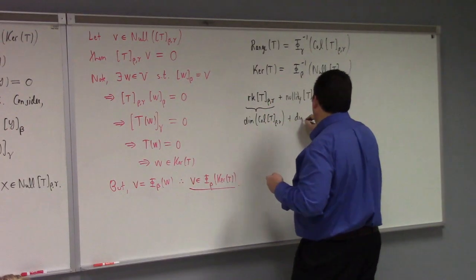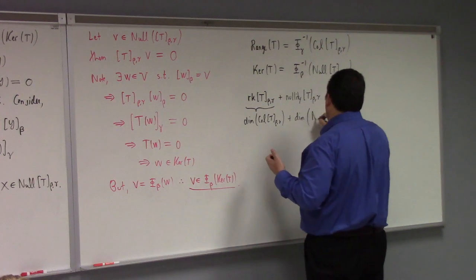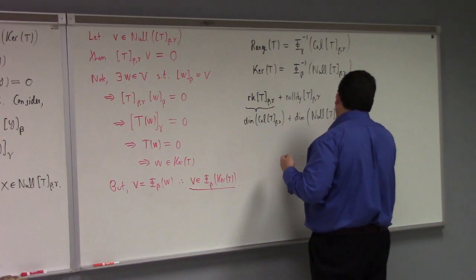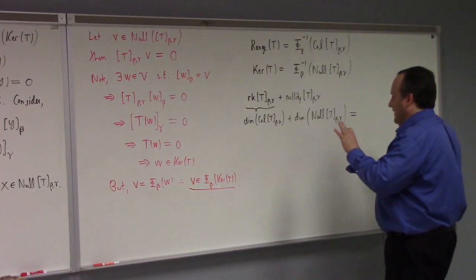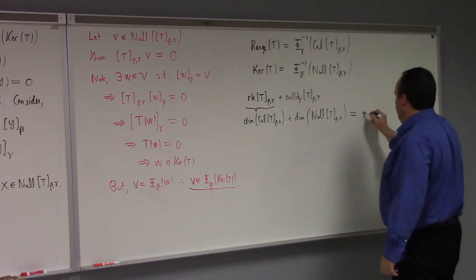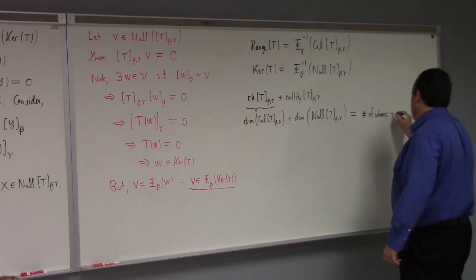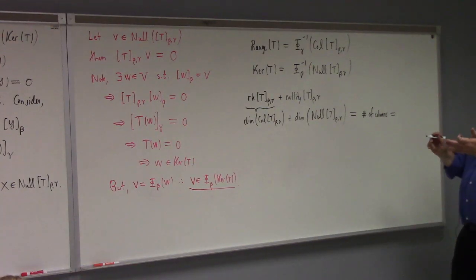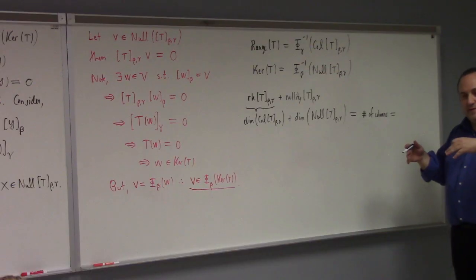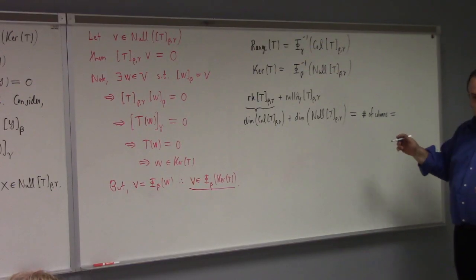Plus the dimension of the null space. That's what those words mean. That's equal to the number of columns, right? That was the rank nullity theorem for 221. In this context, assuming the domain has n dimensions, this is n.